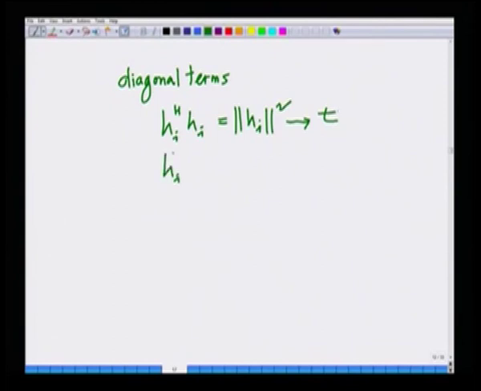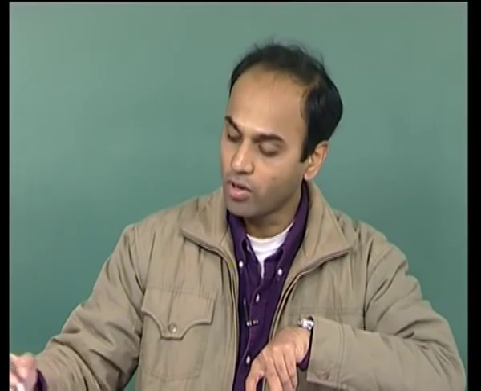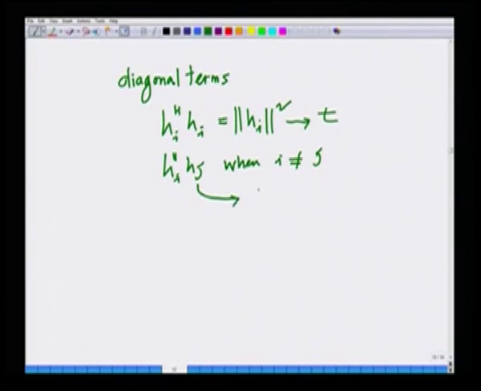Also Hi Hermitian Hj, when i not equals j, remember we said these different elements are uncorrelated, hence this tends to 0, all right.